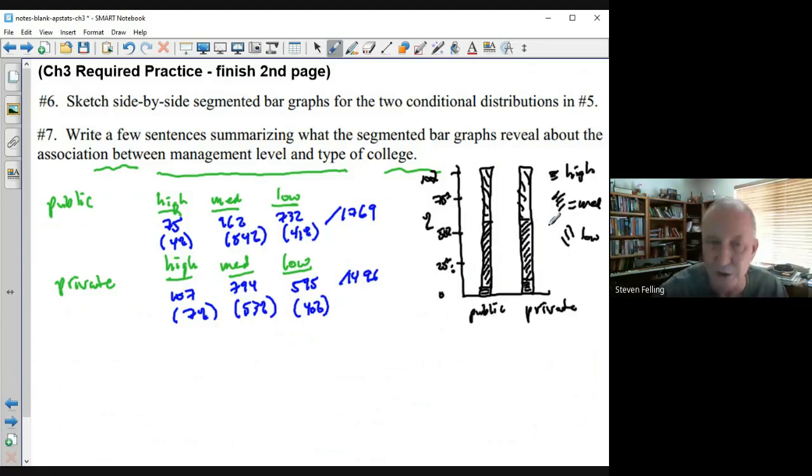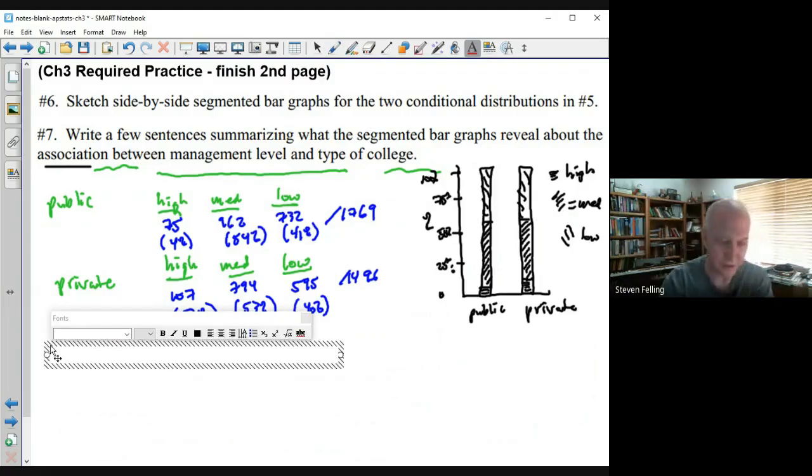Okay, then it says to write a few sentences summarizing what the segmented bar graphs reveal about the association. So we're specifically supposed to discuss the association. So I'm going to type this response. What we should say is something like this.